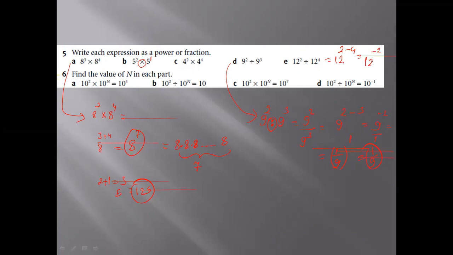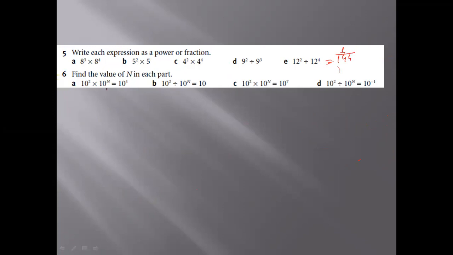If it were positive, the answer would be 144. But in negative form, you can write it in fractional form: 1 over 12 squared, which is 1 over 144.